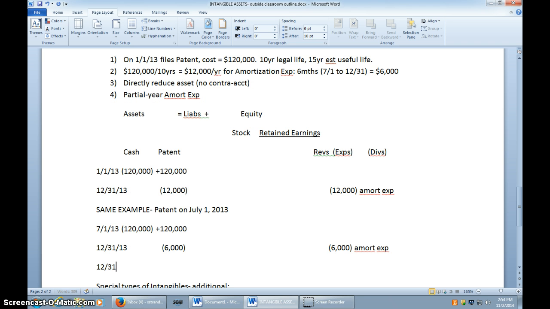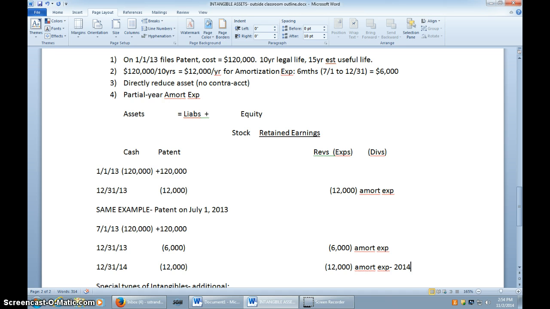Just to complete that thought, if we roll forward to the next year, 12/31/14, we're going to recognize 12 months worth of amortization. That'll be $12,000 direct reduction to the asset, and $12,000 as amortization expense for the year 2014.